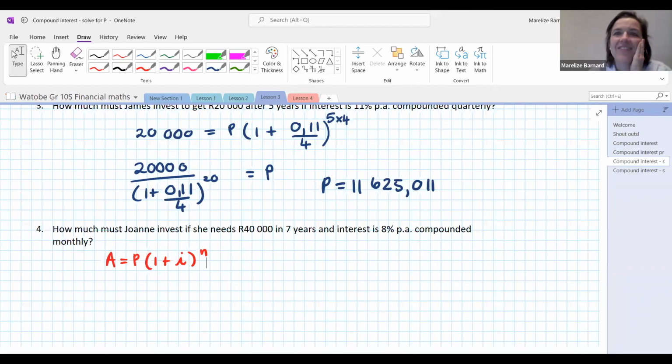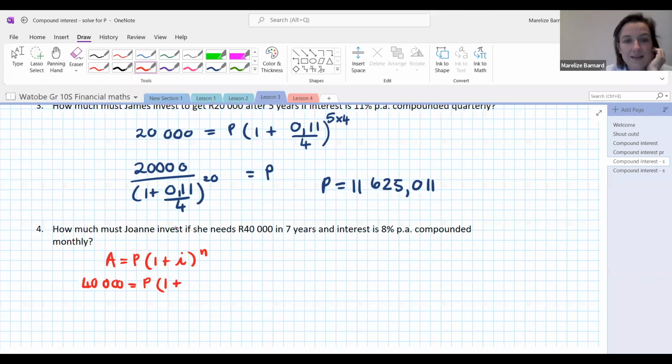Oh, we're getting so many different answers here. We are compounding monthly, grade 10, so we must divide our interest rate by 12 and times our years by 12. So 40,000, and if your P is coming out bigger than your A, there's a problem, because then it means you've lost money somewhere.